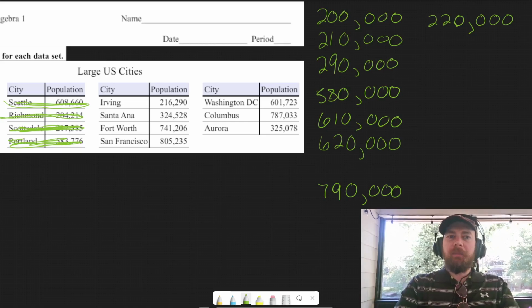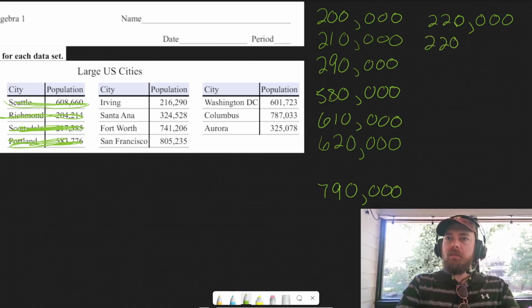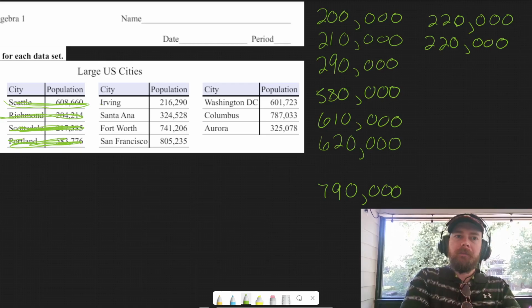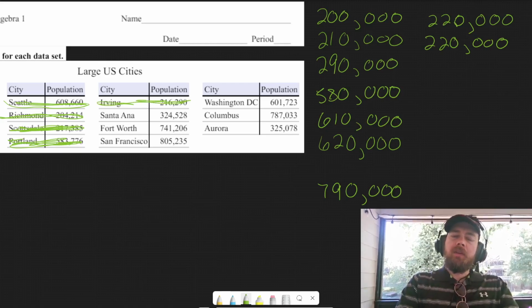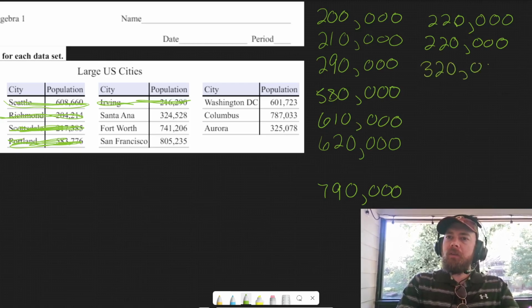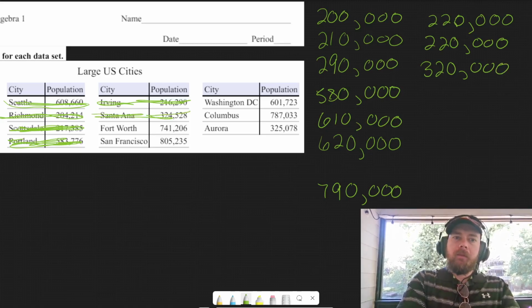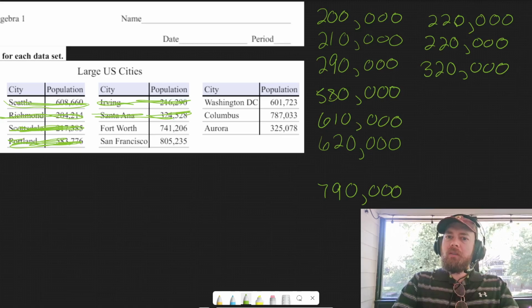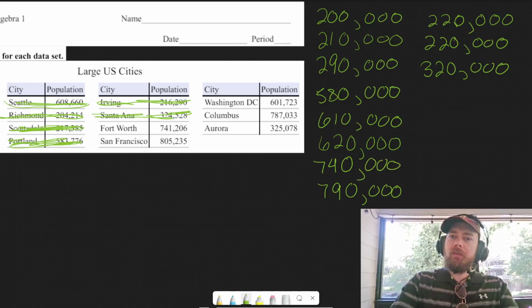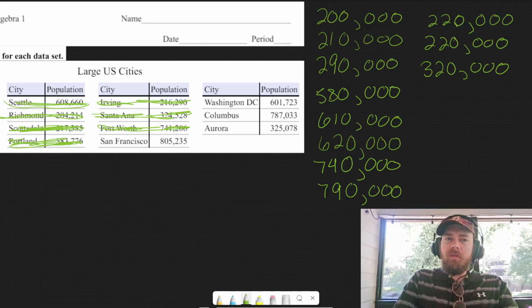It's a little tedious, but we're over halfway done now. So 22 again. 0, 0, 0. 32. So we'll put that one right about here. 32, 0, 0, 0, 0. 74. So that's going to be down pretty far. Actually, that one will go right here. 74, 0, 0, 0, 0. San Francisco. That one's going to round up just barely. 81, 0, 0, 0, 0.